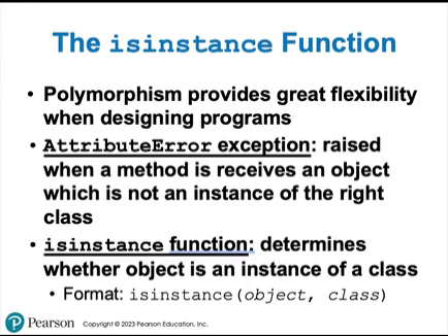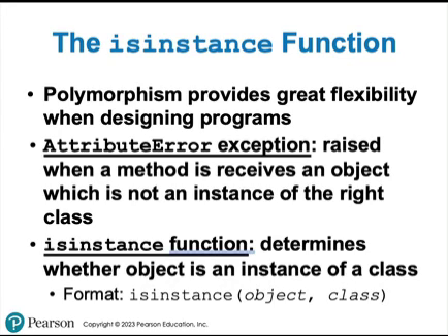There is an isinstance function that you can use. It determines whether the object is of a particular class or not. The reason we want to do that is because if you are one type of object and you try to call a method that is not associated with that particular class, then you're going to get an attribute error exception.